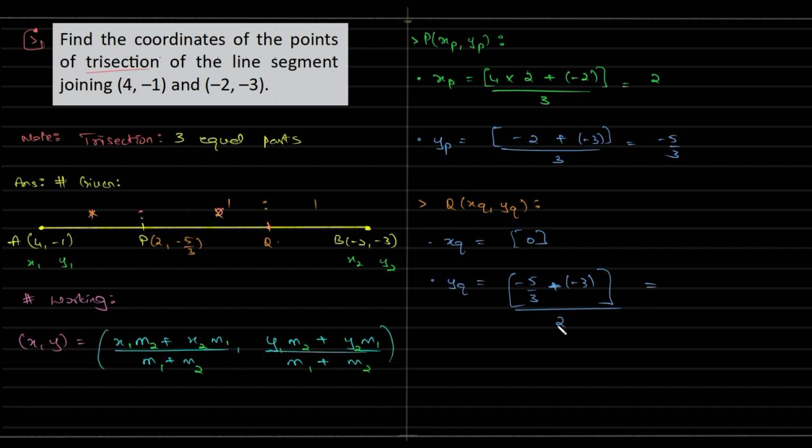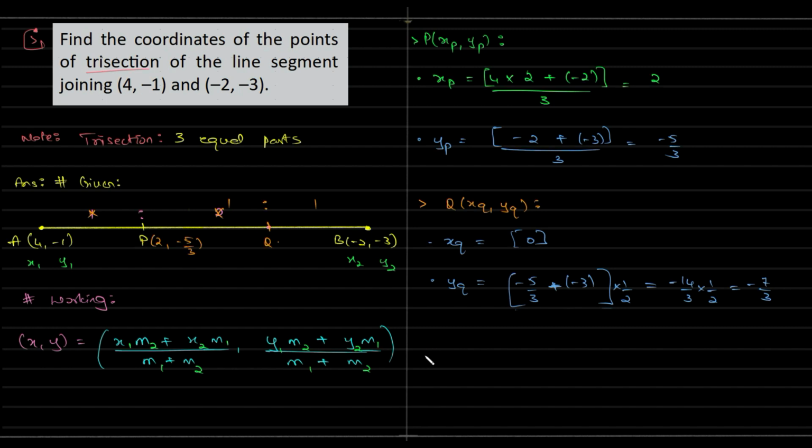The LCM is 3, what is LCM, guys? 3. So this is (-5 - 9)/3, which is -14 by 3 into half, because dividing by 2 is the same as multiplying with half. So this is -7/3. Okay, and we have the answer.